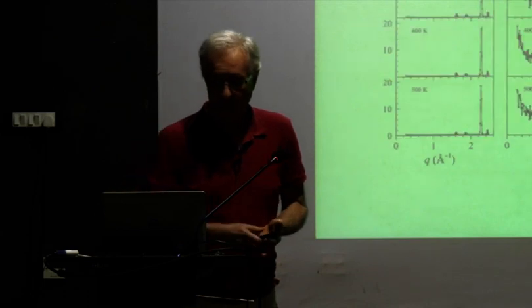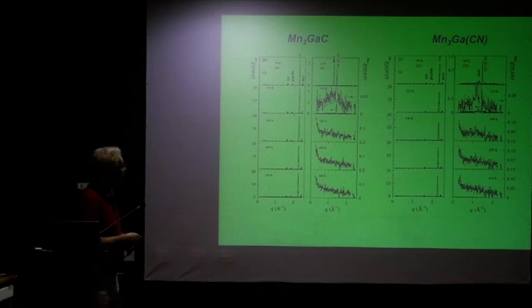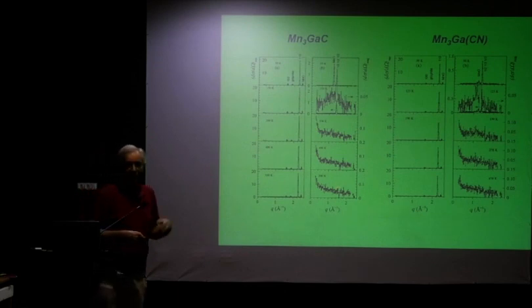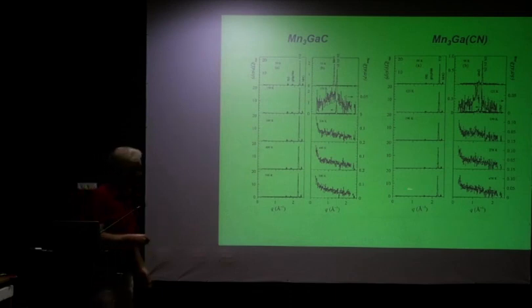If we do these experiments as a function of temperature, when you're at very high temperature in the paramagnetic state, everything should be paramagnetic. But it appears that even at 500 Kelvin, it's not purely paramagnetic.